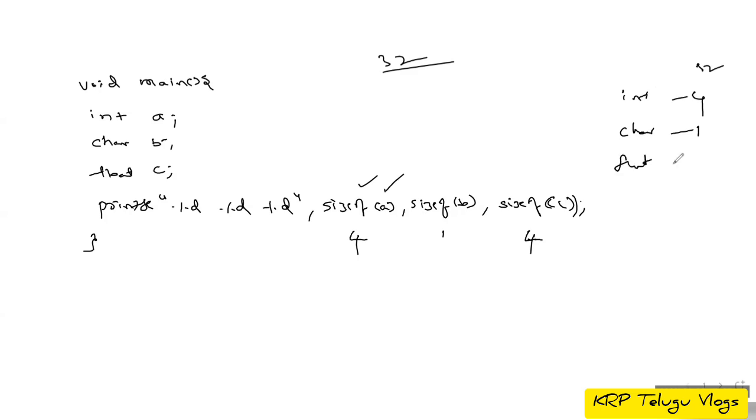Float is 4 bytes. Clear? Yes, sir. So A is integer, so it returns 4 bytes. B is character, it returns 1 byte. C is float, float size is 4 bytes. Clear or not? Clear, sir. Okay.